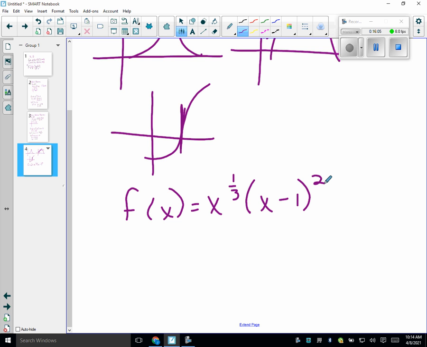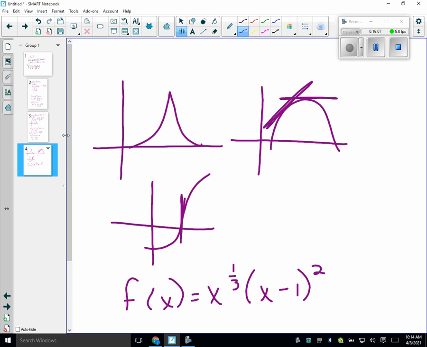So I need to find f prime, decide where it's 0 or where it doesn't exist. That's how I find critical numbers.